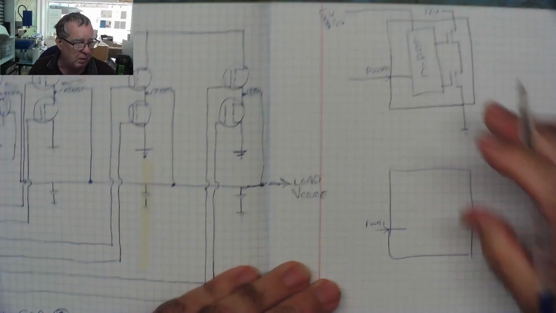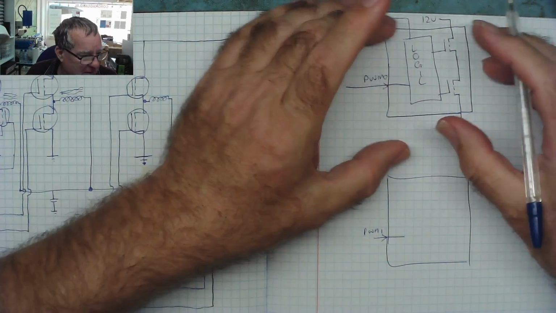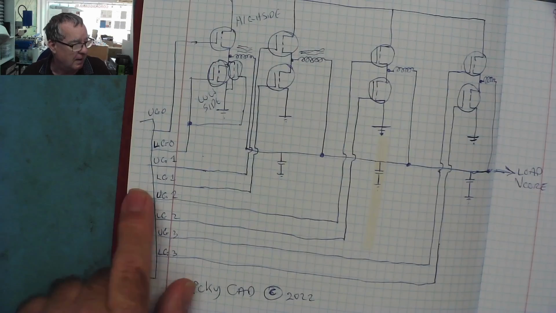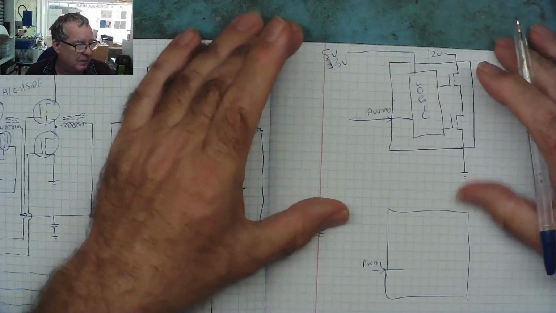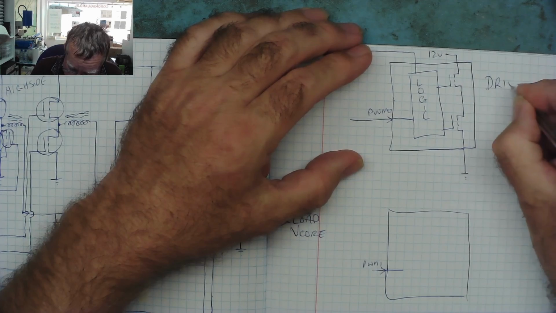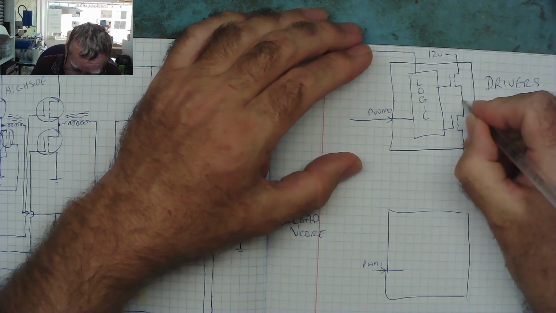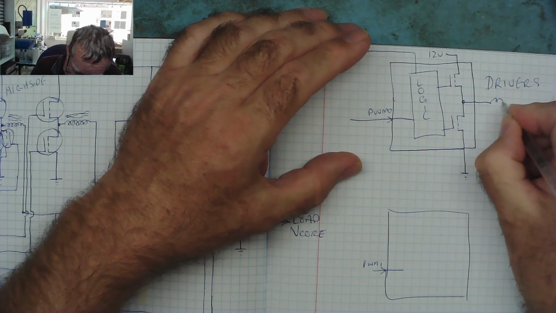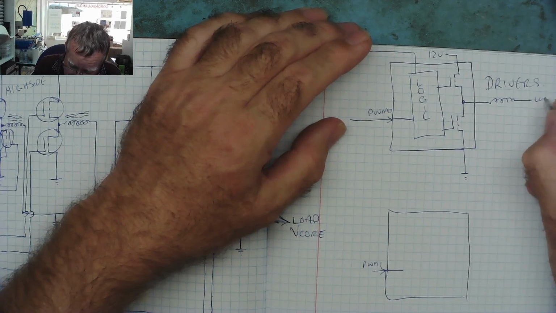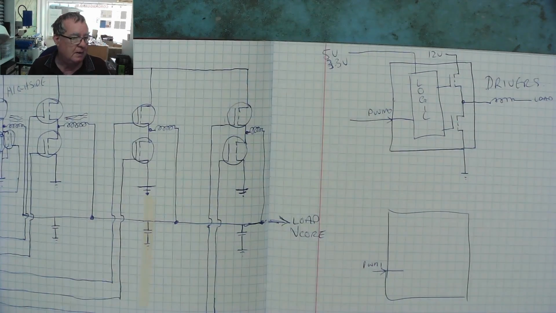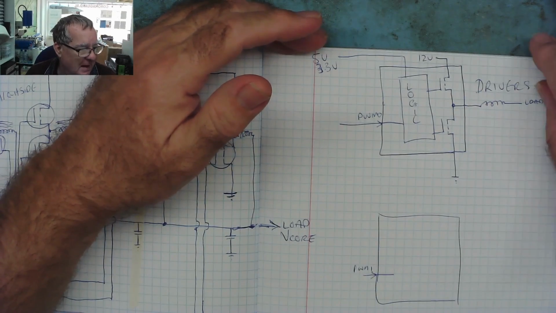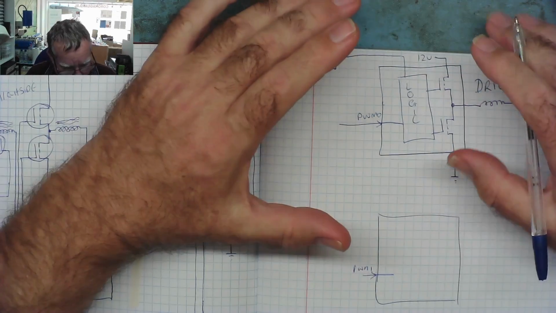So you'll have your 4 of these chips. This effectively replaces the MOSFETs and the driver all in one chip, and these are basically called drivers, or VRM drivers. Coming out of this chip then will be a connection to the coil, going to the load. So this is what we are generally faced with when we try to diagnose the problems with these circuits.